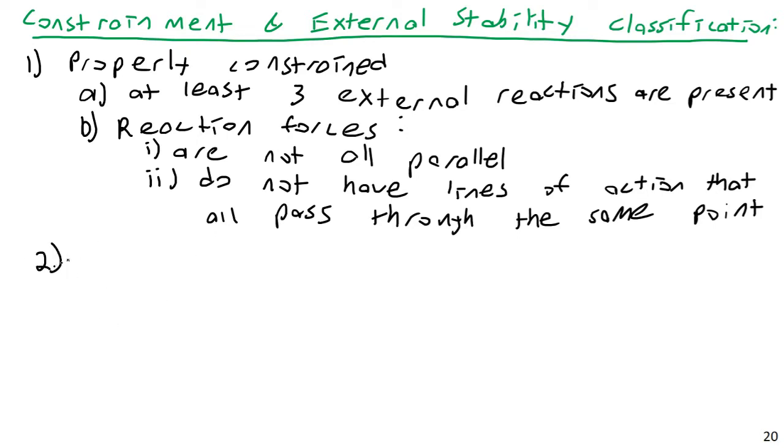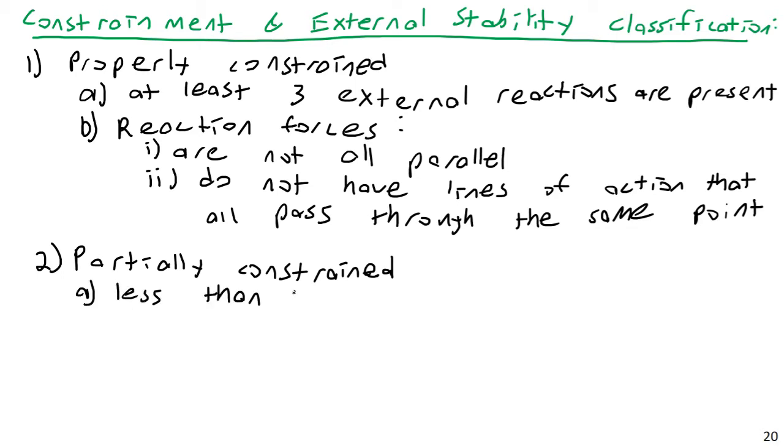Here, to our second classification, we can have partially constrained frames. Here, you would need to have less than 3 external reactions. And if you don't have at least 3, there is always going to be some external force you can't resist.